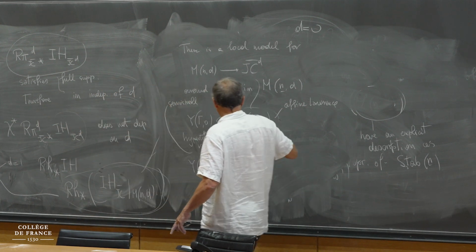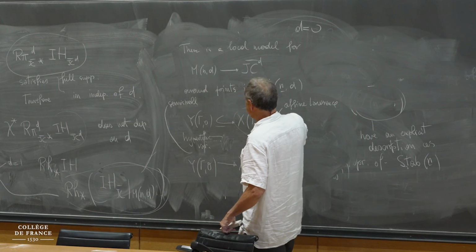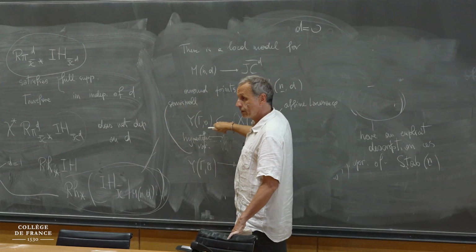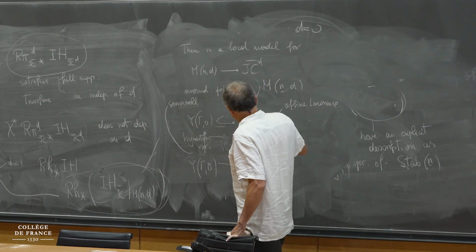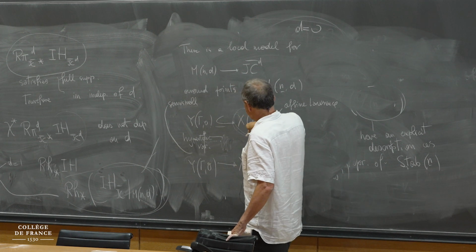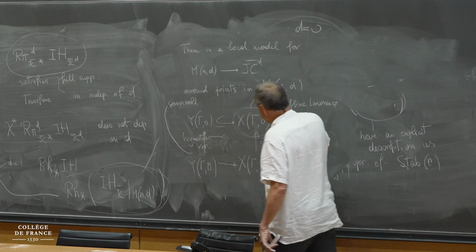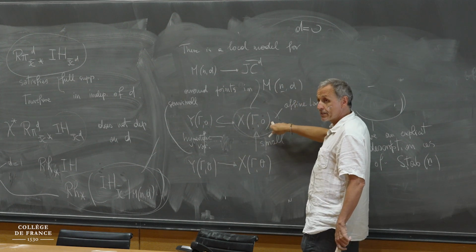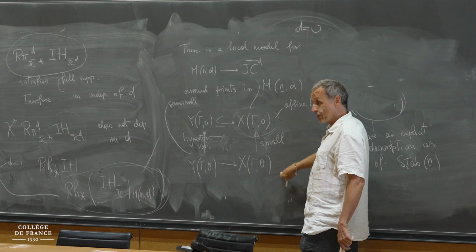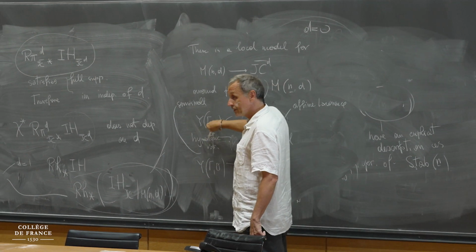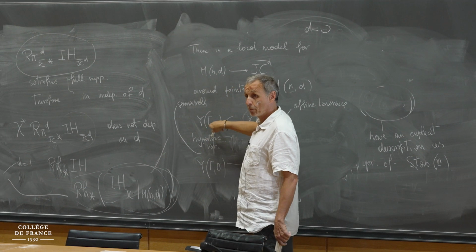So if I want to see how the intersection homology of the compactified Jacobian restricts to the Hitchin moduli space, it's enough to understand how intersection homology of this restricts to this. But since this is small, intersection homology of this is the direct image of the constant sheaf shifted here, so I can base change, and so it's a direct image of these semi-small maps.